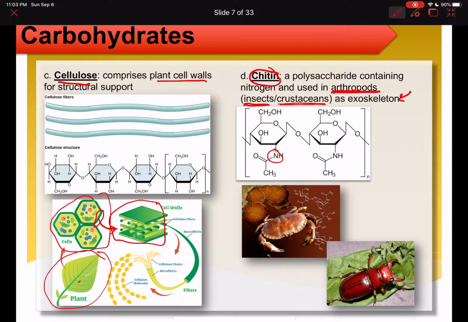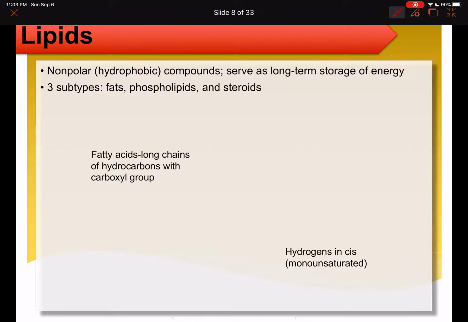All right, so now let's move on to the next main biomacromolecule, lipids. Now, for lipids, these can be a little bit more confusing because lipid categories can look very different from each other. As we mentioned in the last chapter, lipid molecules are usually hydrocarbons that tend to be nonpolar or hydrophobic compounds.